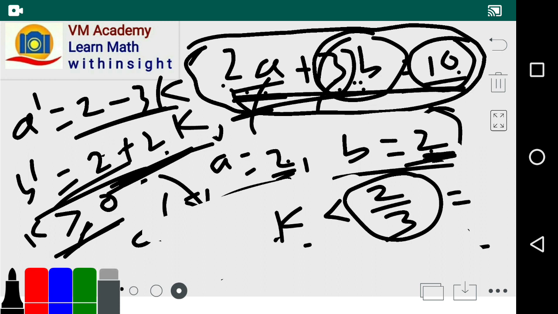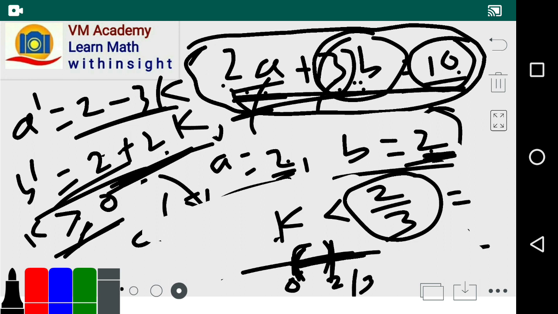And from the first condition we got k greater than or equal to 0, and from the second condition k less than 2 by 3. So k lies in the open interval (0, 2 by 3), this is the solution, friends.